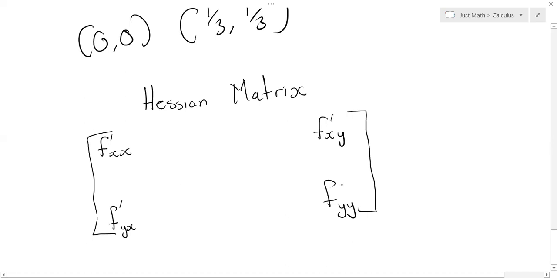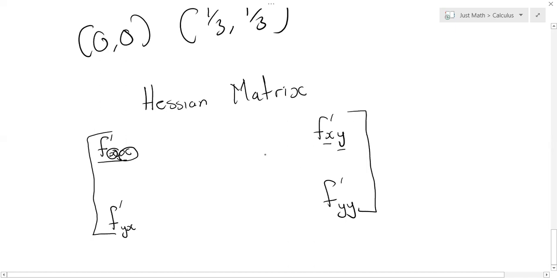What this means is that you take the partial derivative of the function with respect to x the first time, and with respect to x the second time. Here, with respect to x the first time and with respect to y the second time.